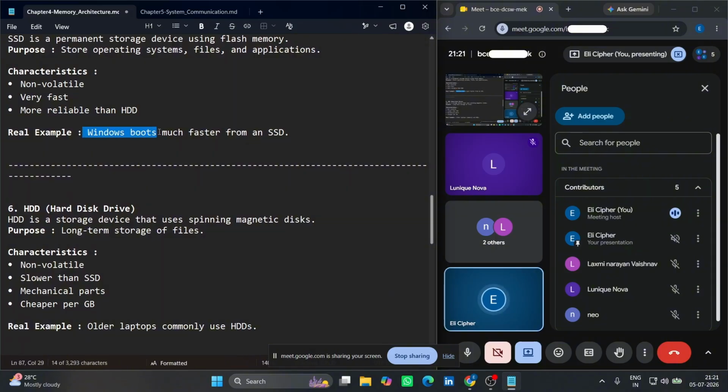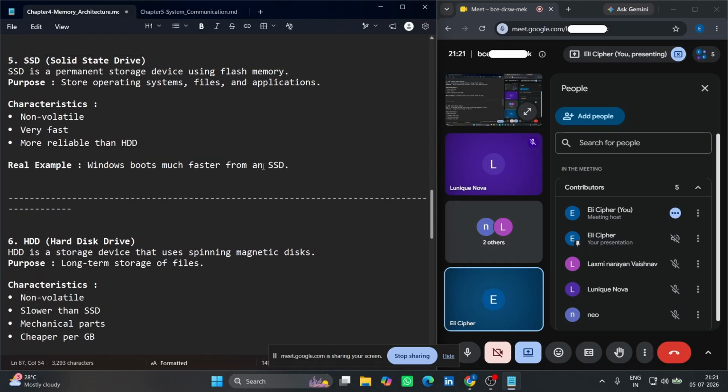For example, Windows boots much faster from an SSD. Windows is an operating system, right? Here, Windows means the operating system which is stored on our computer. If the same Windows operating system is stored on a hard disk drive, then it takes a lot more time, right?